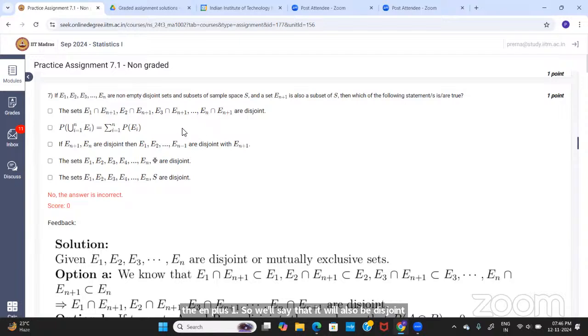Whenever you are given this type of question, you can make a Venn diagram. Then it will be clear. Ma'am, one very fundamental question: if they are given two empty sets, can we say that these two are disjoint or not?